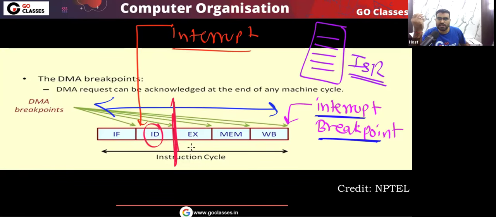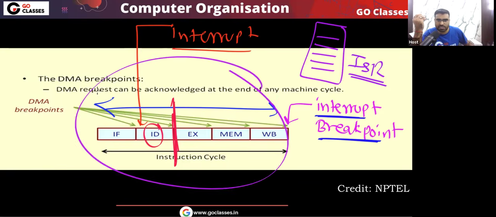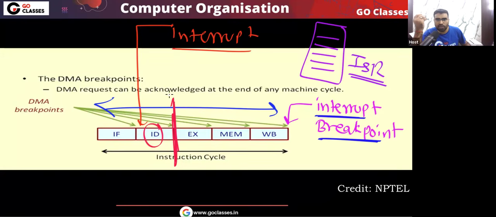If you acknowledge the interrupt in between instruction execution, then when you do the context switch, a lot more information you have to save. So this context switch will become very heavy, very time consuming. You will have to save a lot more information. So that is the reason we acknowledge the interrupt at the end of the instruction execution.